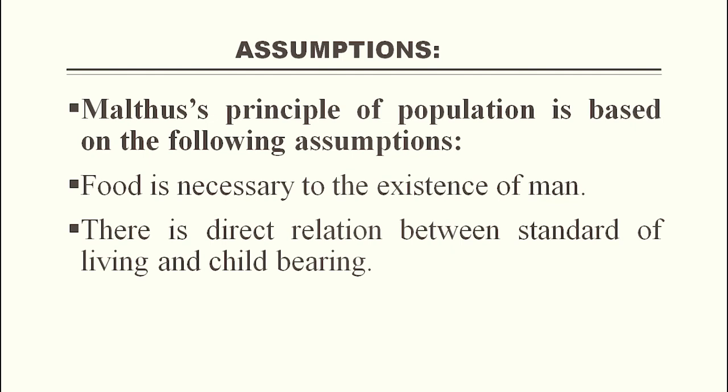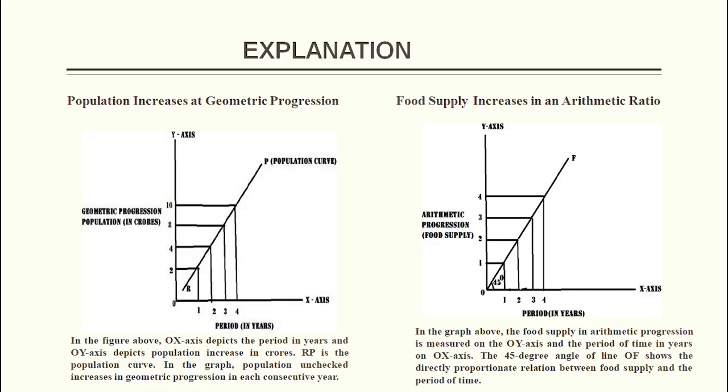Moving on to the explanation of the theory, we can see two graphs on the slide. In the first panel of the figure, on the x-axis we have the time period, and on the y-axis we have population in crores, which increases in geometric progression, that is 2, 4, 8, 10, as we mentioned earlier.